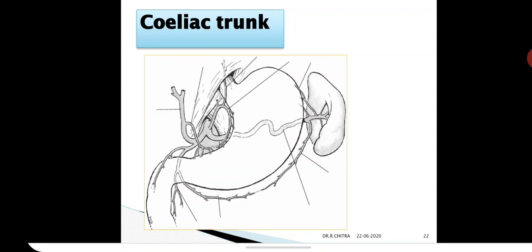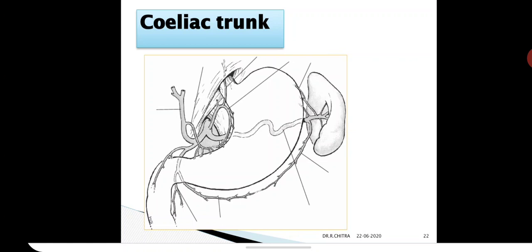So this is how the celiac trunk arises from the front of the aorta. You can see in the image the aorta as a large vessel just below the aortic opening. From that the celiac trunk arises and passes behind the omental bursa. That is why its origin is behind the omental bursa, and it has three branches.